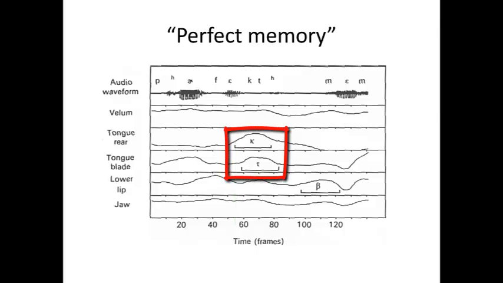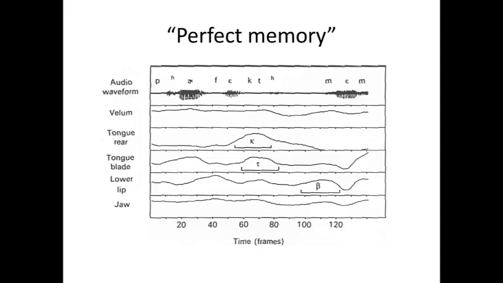Notice how the articulatory patterns for the t sound overlap with the patterns for the k sound, with the end of the t being about 5 to 10 frames, or 50 to 100 milliseconds, after the end of the k sound. So when you think about the release of the k sound, what happens to the air when the closure at the soft palate is released?